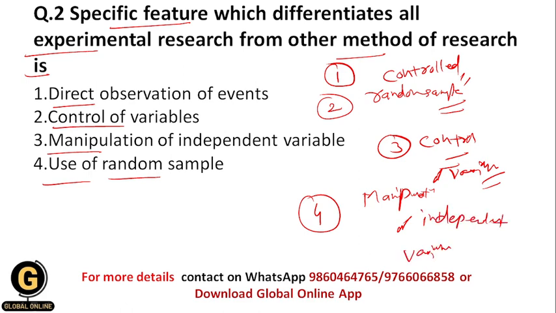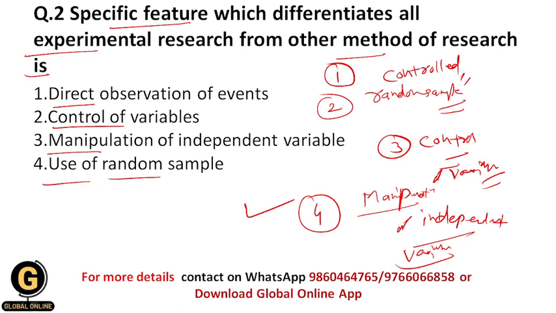The salient feature of experimental research is that we manipulate the independent variable, that is the cause variable, and we measure the effect of this amount of independent variable on the dependent variable, that is the effect variable. So this is the basic, or you can say unique, feature of experimental research, and because of this feature we differentiate experimental research from other methods of research.